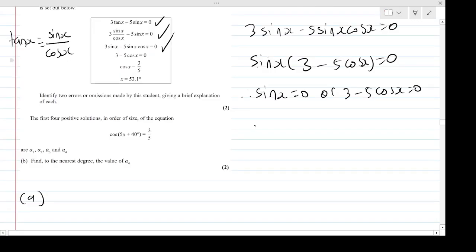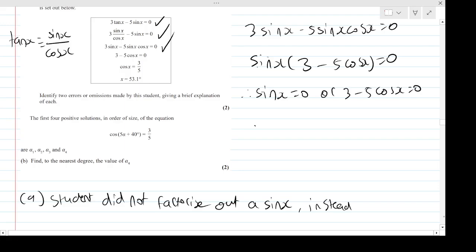The first error is they didn't factorize, right? They seem to just divide by sine x. But they needed to factorize. So: student did not factorize out a sine x, and instead they divided by sine x.